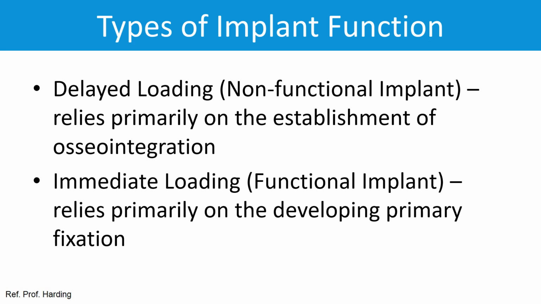These are both ways in which we avoid loading the implant, and this is a technique where we try to establish the biological connection, osseointegration, and it's often used in areas of high load or in areas where the bone has got poor mechanical properties such that it cannot deliver the level of primary fixation required to withstand occlusal loading.